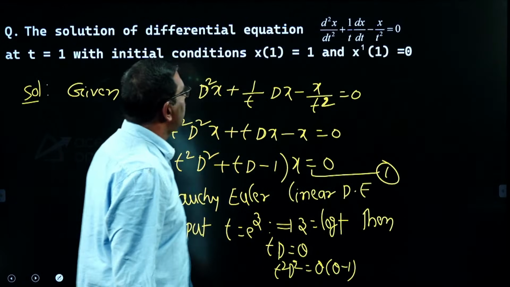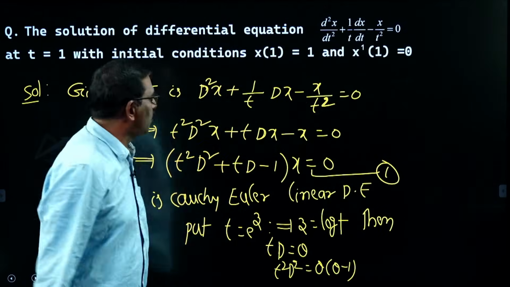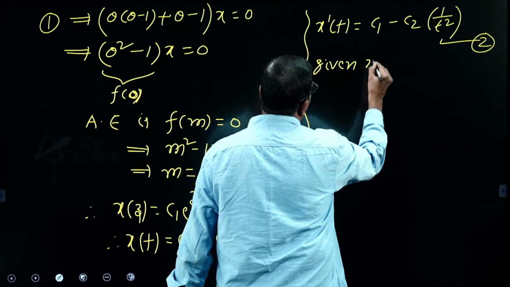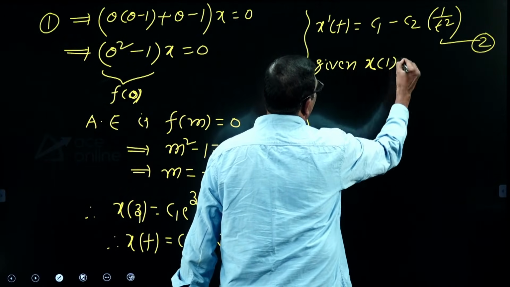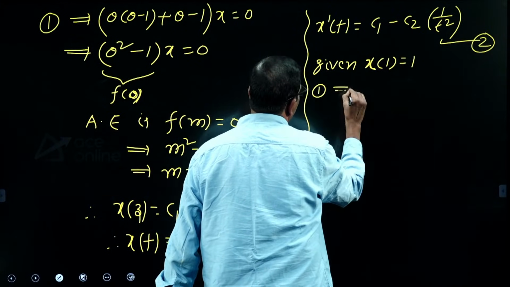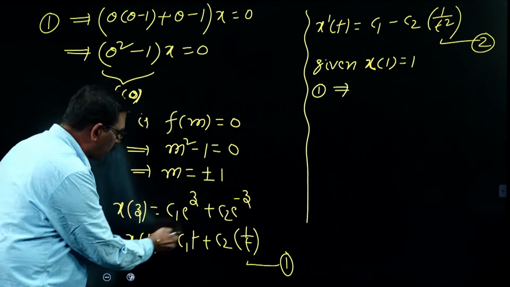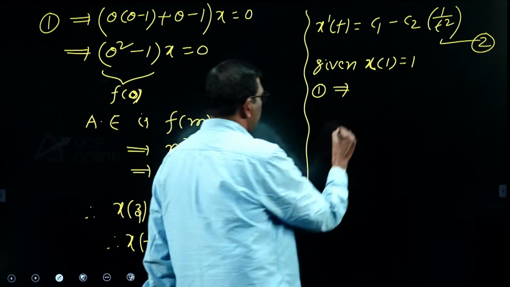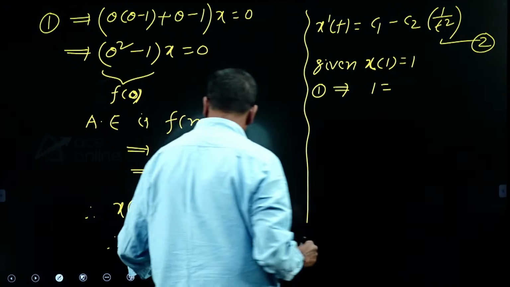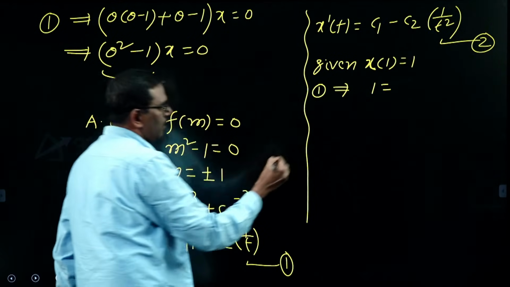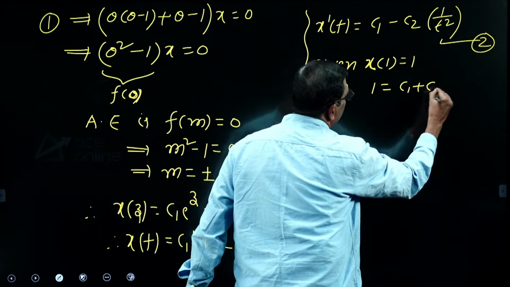Now, substitute the given conditions. Given x of 1 is equal to 1. Substitute in 1. Input t is 1, output x of t also 1. Here 1 is equal to, say this, input and output both are 1. So this is C1 plus C2, or not? C1 plus C2 is equal to 1.